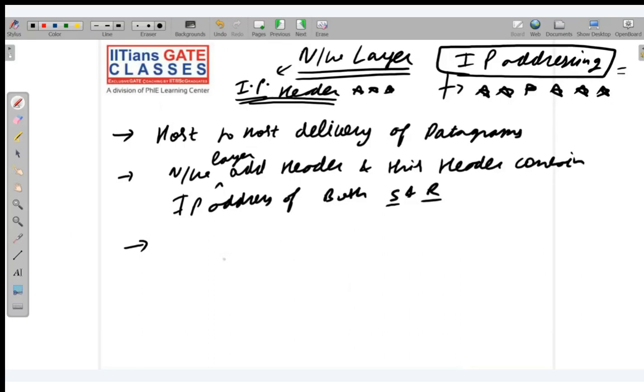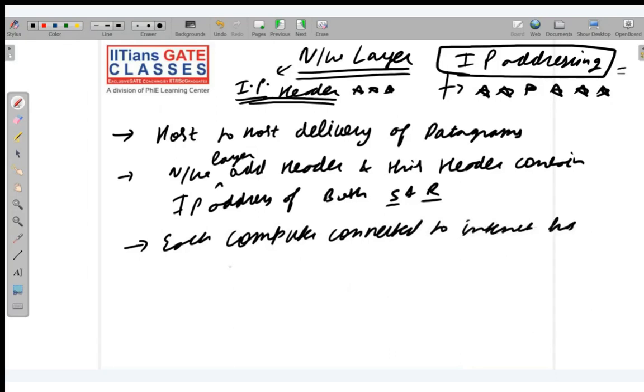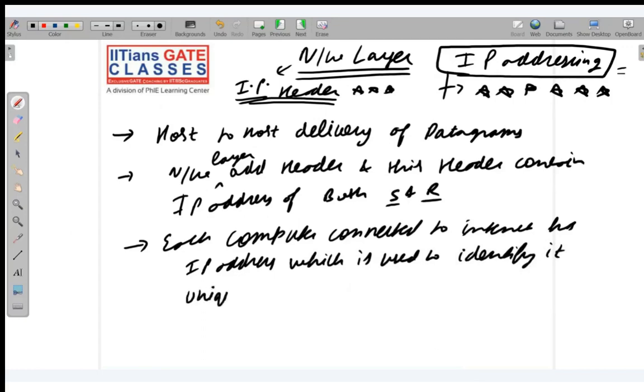So each computer connected to the internet has an IP address, which is used to identify it uniquely on the internet. In the entire internet, if you want to identify any computer uniquely, you should know its IP address.